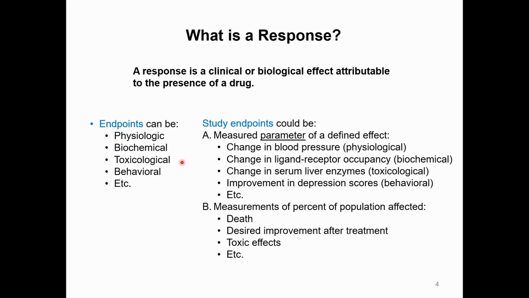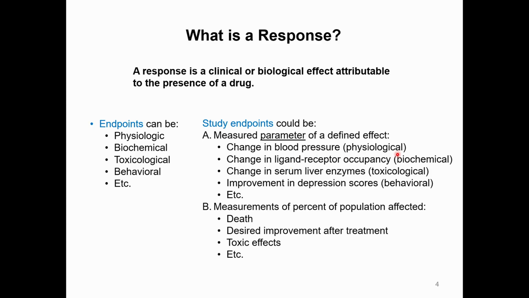And you can think of many other things. So endpoints are basically driven by the medical outcome and sometimes by the side effects. And typically in a study you'd measure both of those things. So the study endpoints should be something that are measurable. They should be parameters that can be measured.